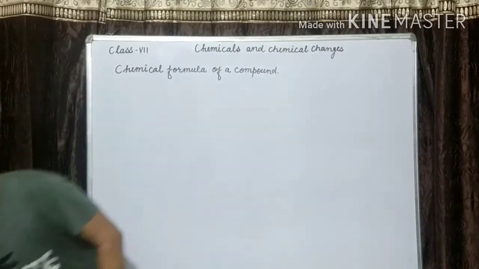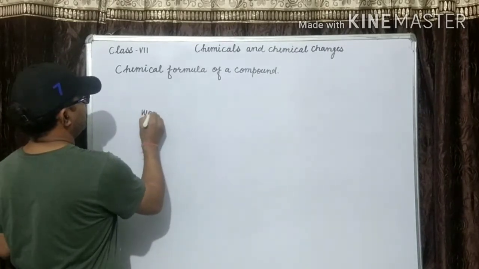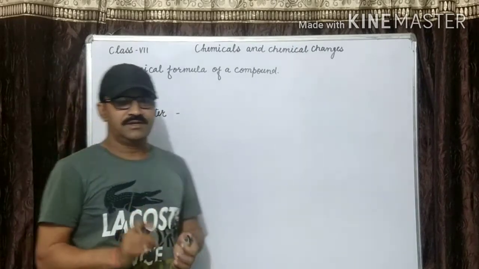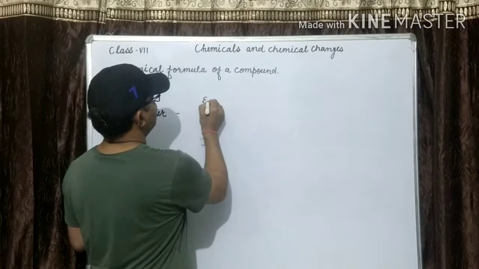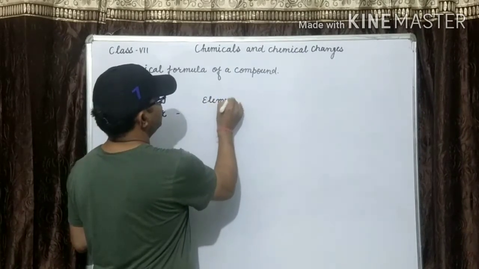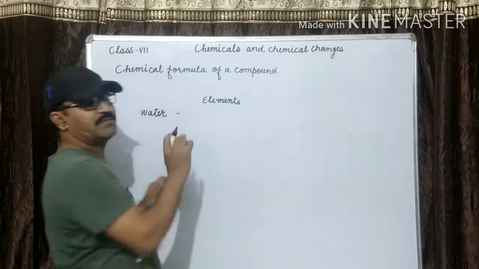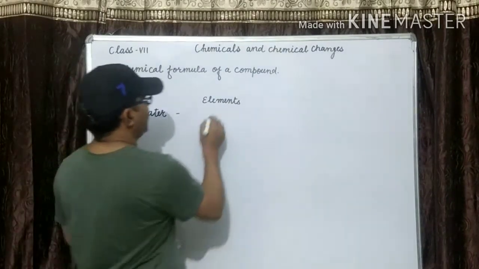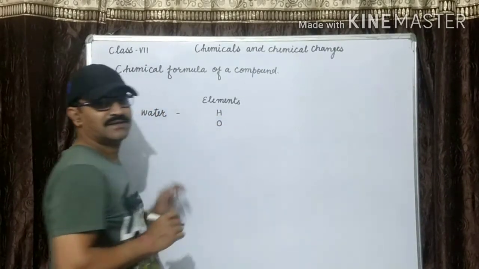Now we take the compound water. What are the elements of water? Water is made up of two elements: one is hydrogen, second is oxygen. Hydrogen and oxygen. Clear?